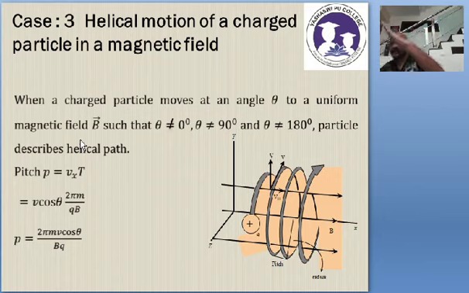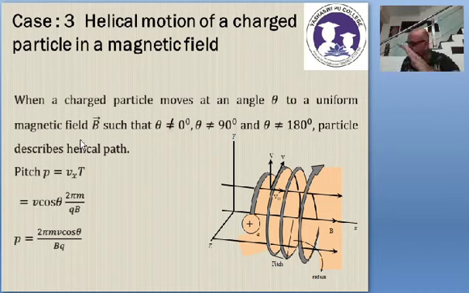Say this is the direction of the magnetic field, and my hand represents the direction of velocity. So in this case, you can resolve the velocity in two directions. You can resolve it in the perpendicular direction to the magnetic field and parallel direction to the magnetic field. Perpendicular and parallel components you will get.